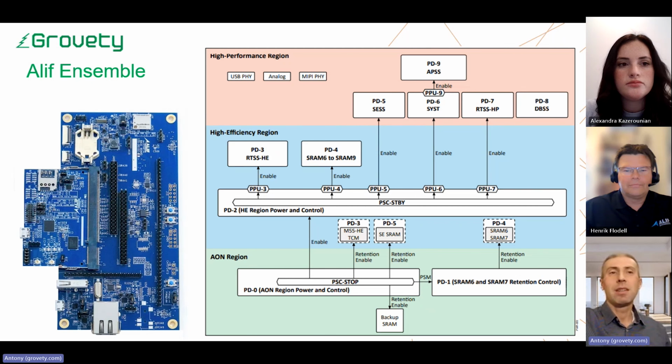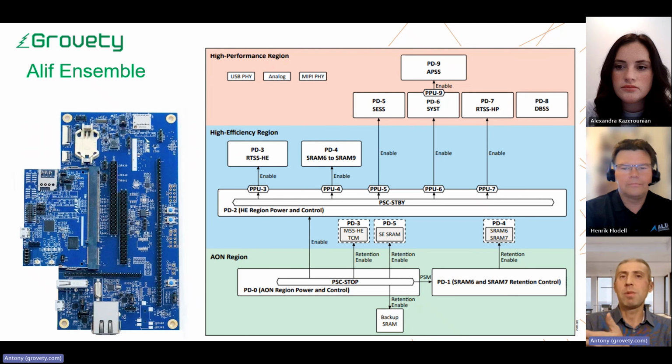Here you can see how we created our work with Alif boards. So here is the SoC. We aim to leverage all three regions inside the SoC. The always-on region is for functions that are always powered on when connected to a power source; the high-efficiency region is where we perform tasks efficiently to save power and extend battery life; and the high-performance region provides us the maximum performance for specific tasks when required, to save energy.